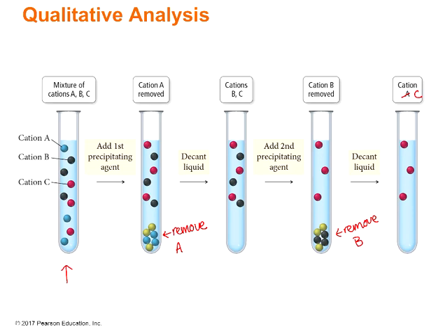So now maybe if you wanted to work with cation A, you could change the pH of the solution to extract out A. And then you could work with that cation on its own.